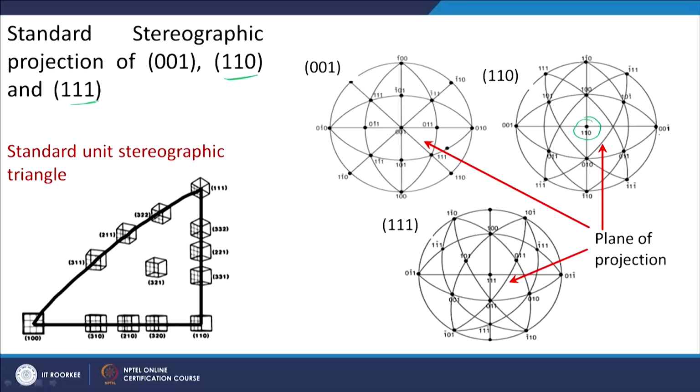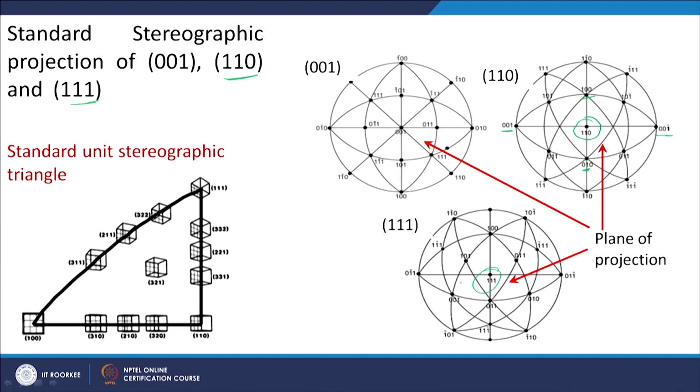So, you can see that only one set of planes is directly going and hitting the sphere, whereas the other 1 0 0 plane is coming at 45 degrees with the 1 1 0. Like that, what we have done already, you can do it for 1 1 0, or if you are interested in 1 1 1, you can draw a standard stereographic projection of 1 1 1.